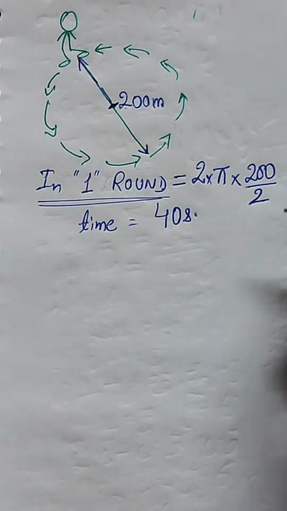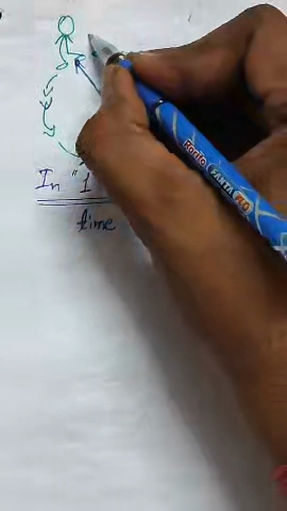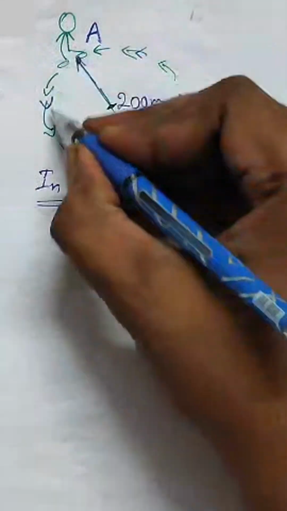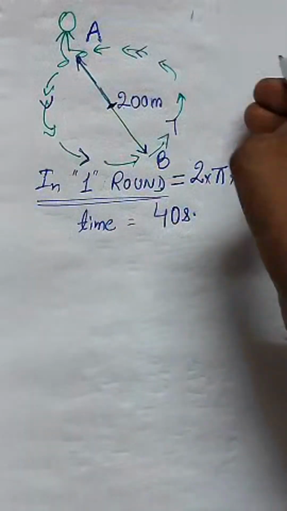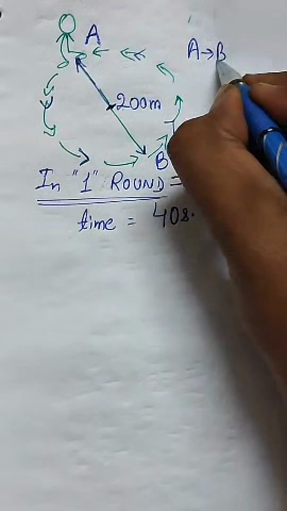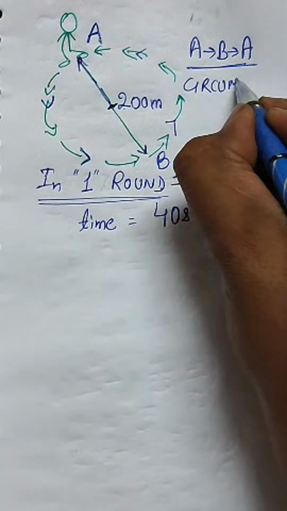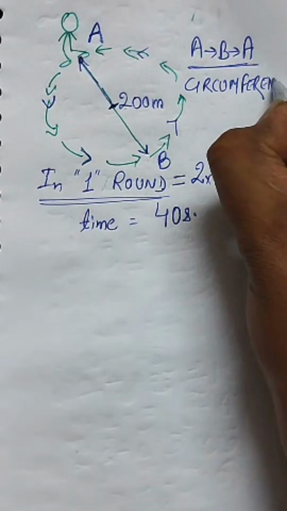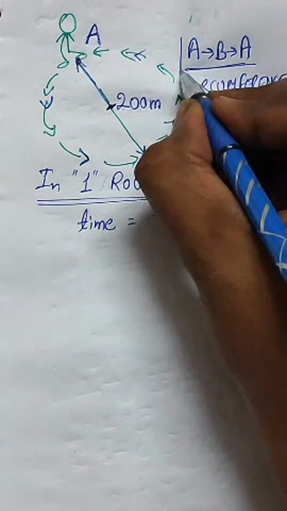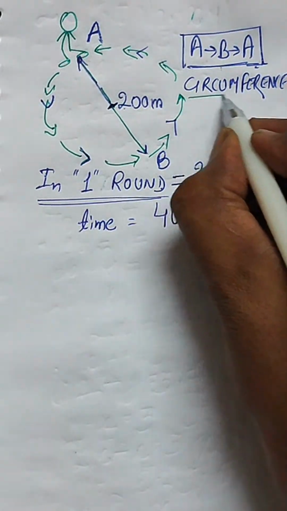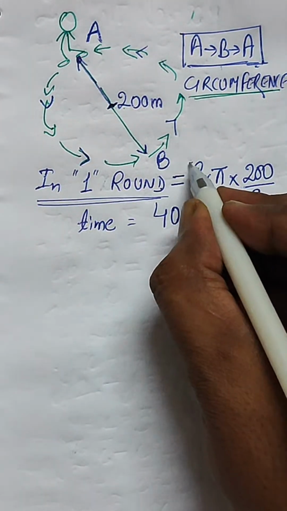That means if the athlete is coming over this track and covers one round, starting from this point, let us say this point is A, then B, then again to A. So A to B, then again to A. This is the circumference, that is 2 pi r, which we have already calculated.